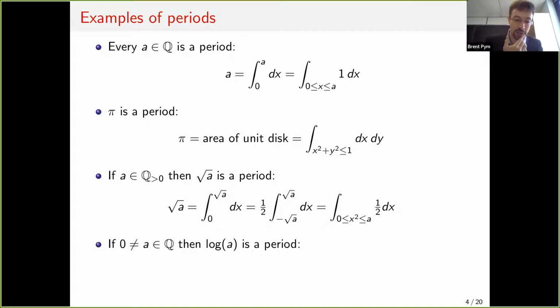Okay, another example of a period. If I have a rational number which is not equal to 0, then its logarithm, sorry, I should have said positive, then its logarithm is a period. No, sorry, not positive, any non-zero rational number, excuse me. So log a is a period. Why is that? So log a can be expressed as log a minus log of 1.